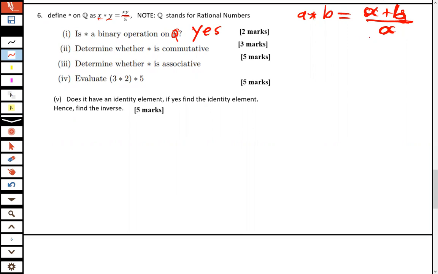Even for real numbers, star wouldn't be a binary operation. Why? Because we can put a zero where there's a in the denominator, and the answer will be undefined. Undefined is not part of the set of rational numbers. Hence, star is not a binary operation on the set of rational numbers, real numbers, or whole numbers.